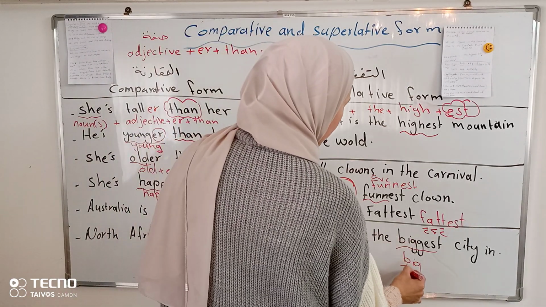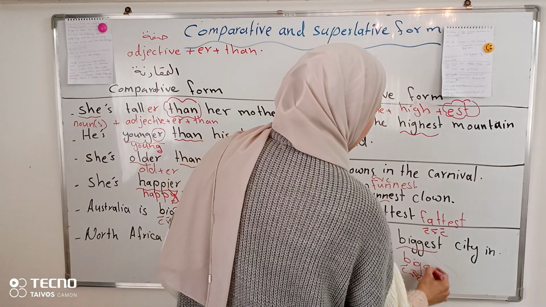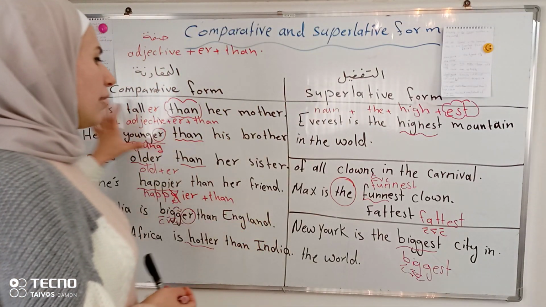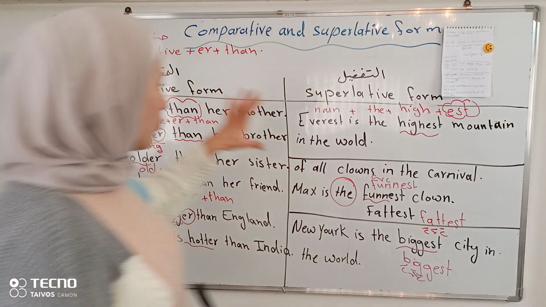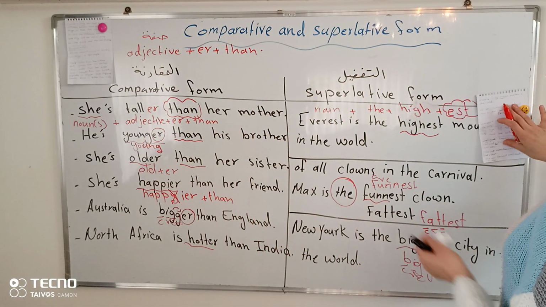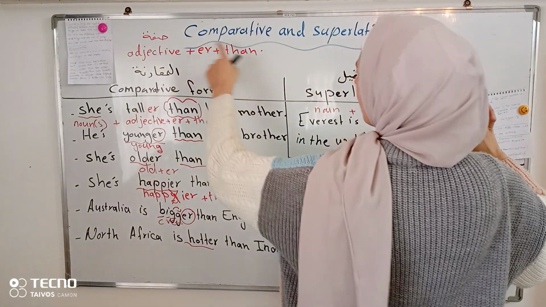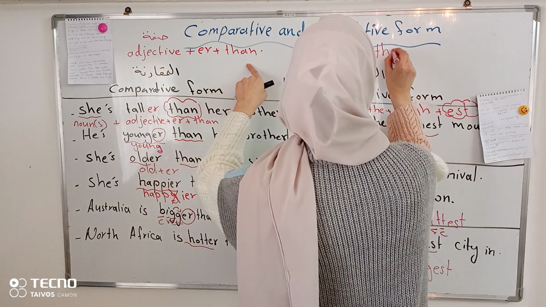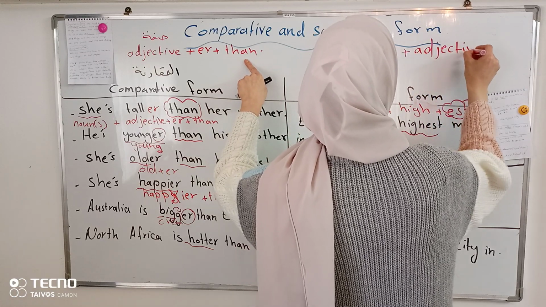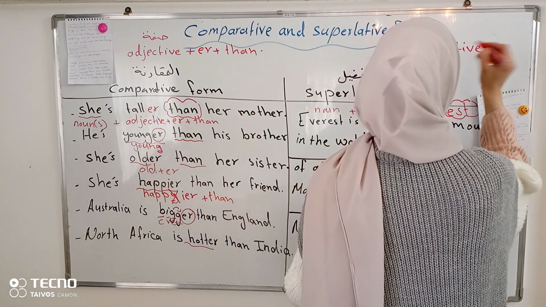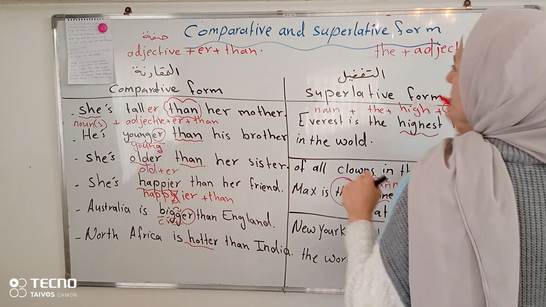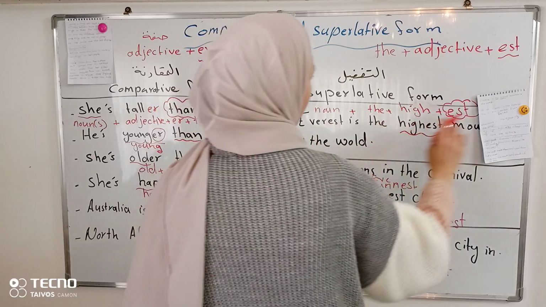Big، نفس الشيء: consonant, vowel, consonant, double the last consonant and add est. عرفنا ايش صيغة الcomparative وإيش صيغة السوبرلاتيف، وكيف قاعدة الكومباراتيف: adjective plus er plus than, but superlative: the plus adjective plus est. تمام؟ نميز بيناتهم، كثير مهم إن نميز بيناتهم.